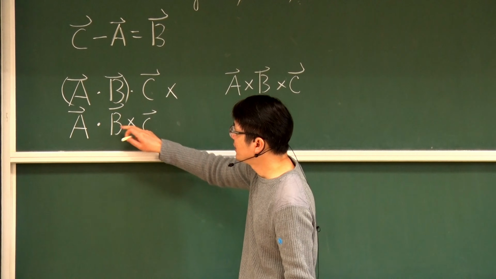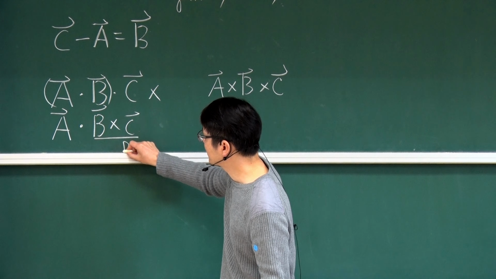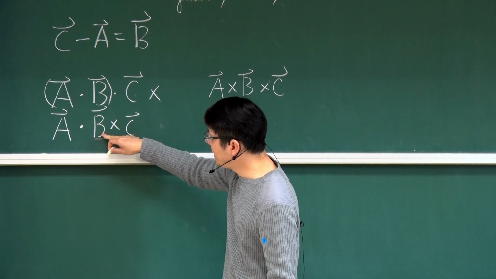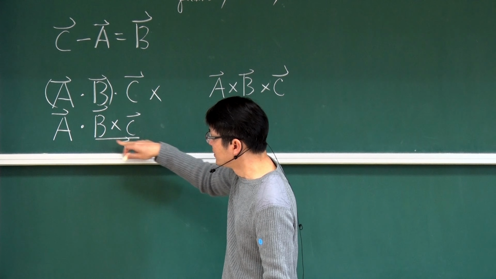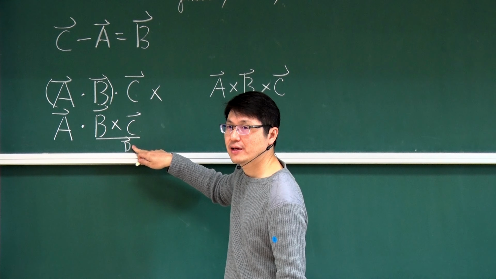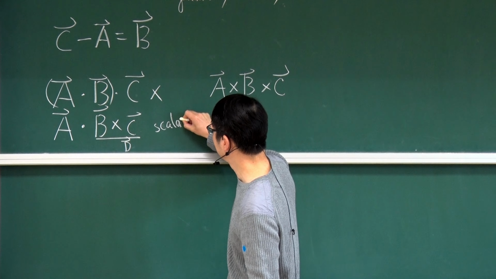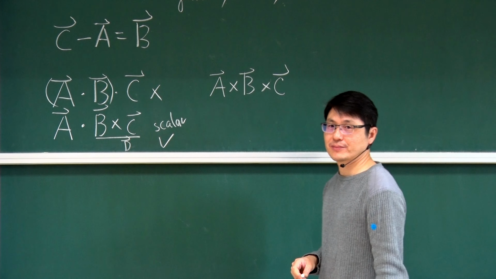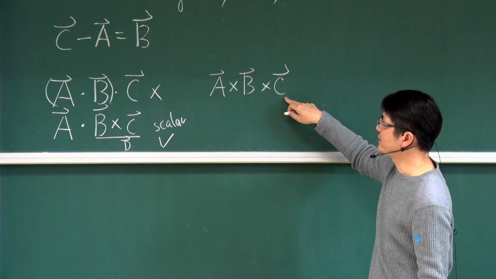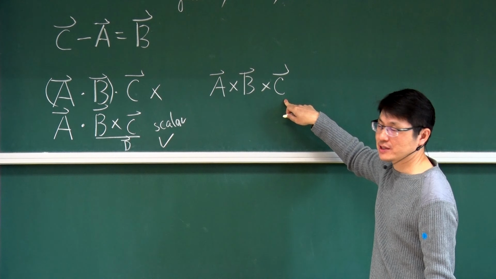Second one, B cross C, call it D, is a vector. B cross C gives me a vector. So I now have a vector making a dot product with another vector, which gives me a scalar. So this is yes. Third choice, three different vectors making direct cross products.